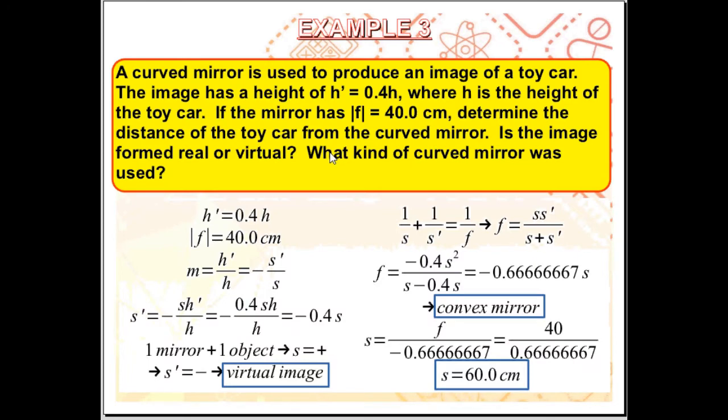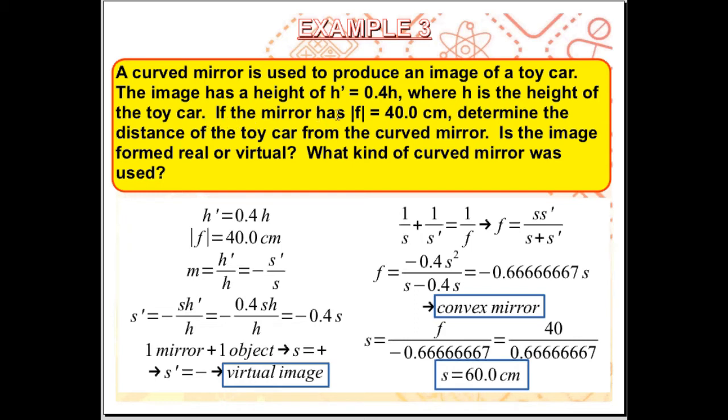So consider example number 3. You have the following problem. A curved mirror is used to produce an image of a toy car. So you have an actual object, a toy car. The image has a height of h prime equal to 0.4 h, where h is the height of the toy car.